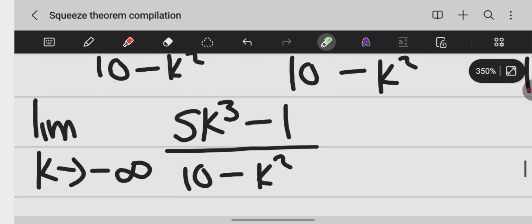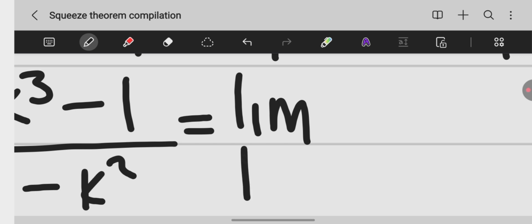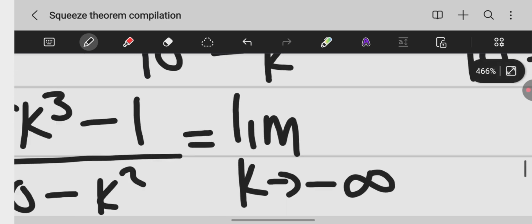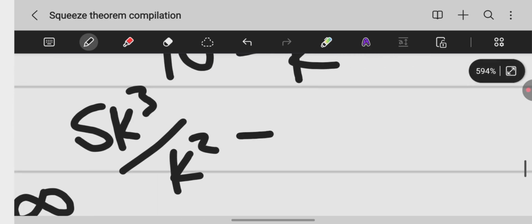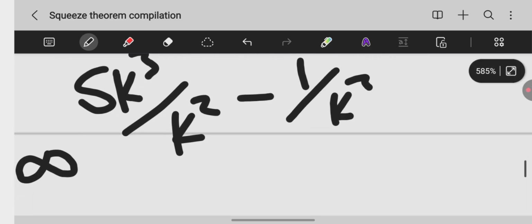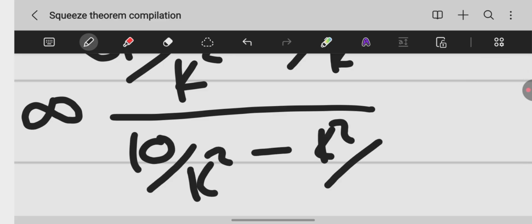Because we're dealing with infinities, you would want to divide by the highest degree on the denominator. And that would be the limit as k approaches negative infinity of 5k cubed over k squared minus 1 over k squared, all over 10 over k squared minus k squared over k squared.